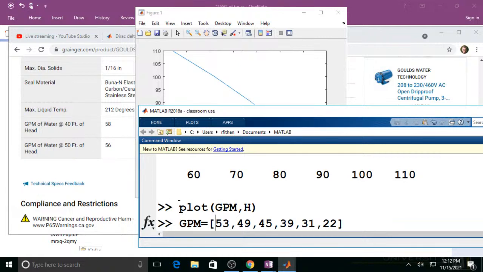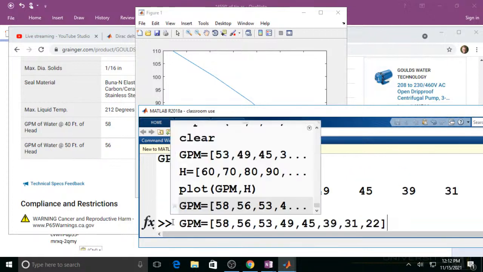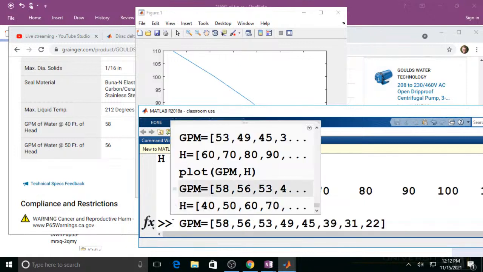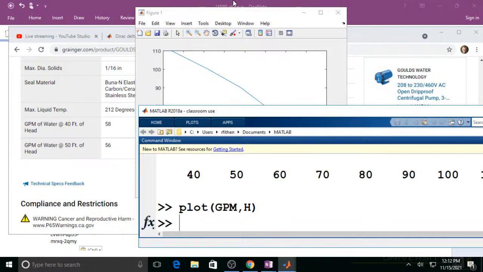Oh, it's listed right there. Okay, so I got 53, but then I got 58 and I got 56. Then I have to go back and add the head of 40 and 50. Now I can plot it. So there's my pump curve.